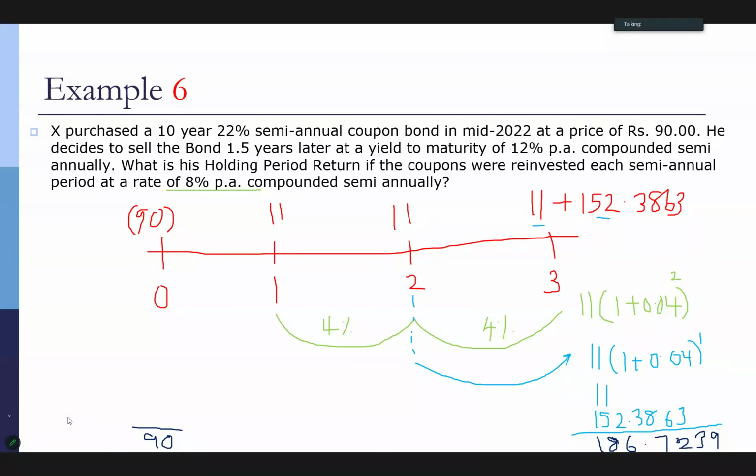Okay, I'm waiting for a confirmation, Niraj. 28, is that annualized or non-annualized?